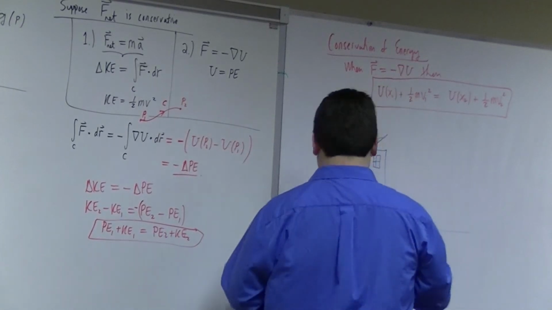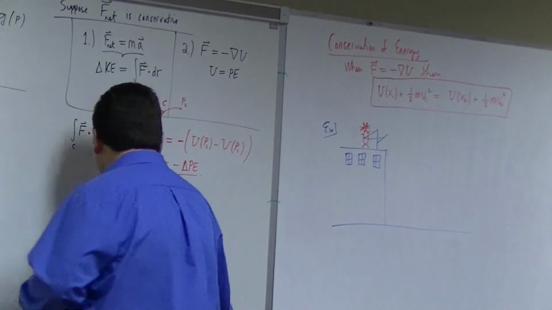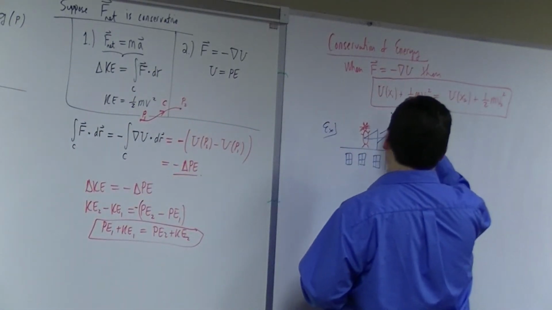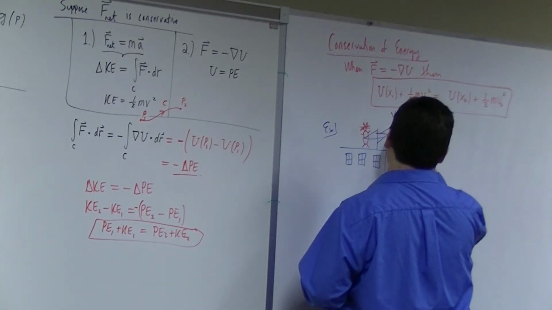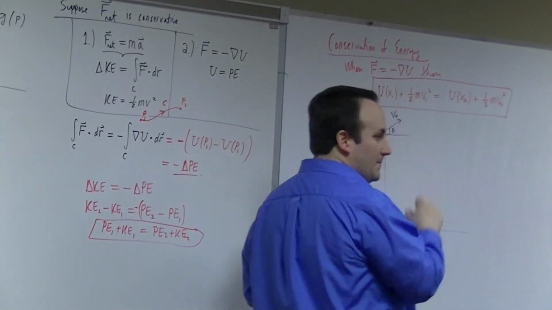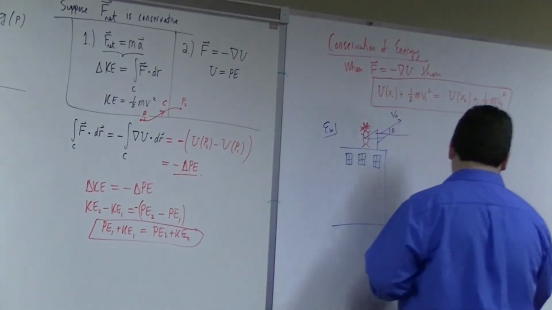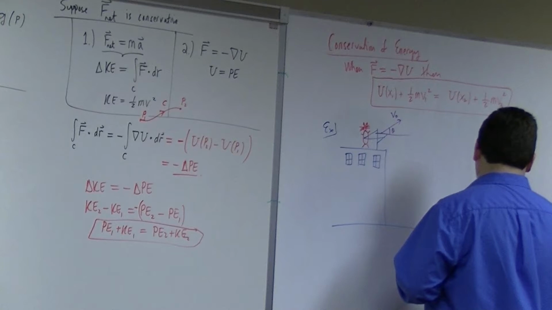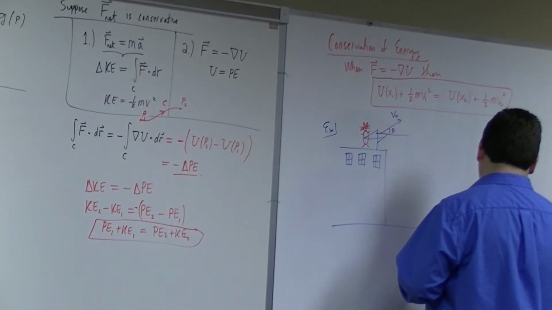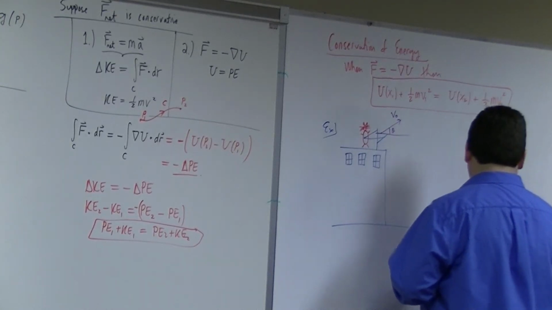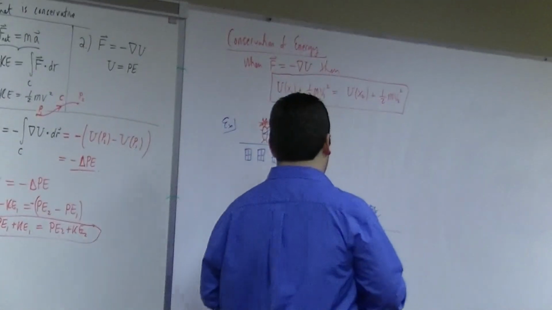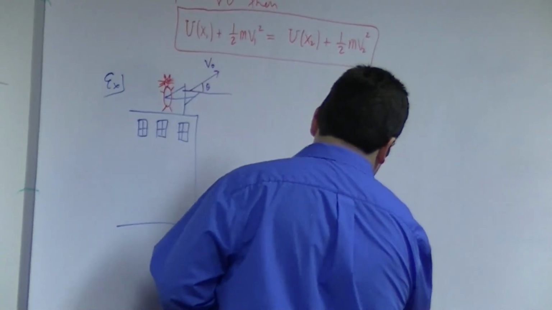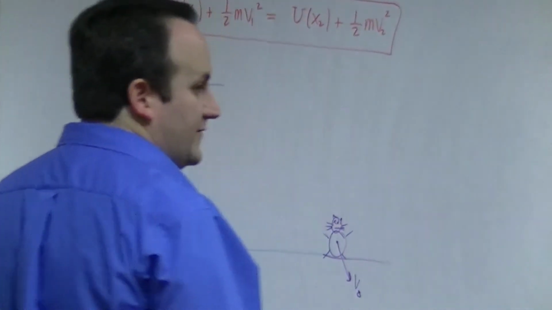Then you launch the cat at the same speed but at different angles, right? And the cat hits the ground somewhere. Then you could ask what the speed was as it hit the ground for different angles.